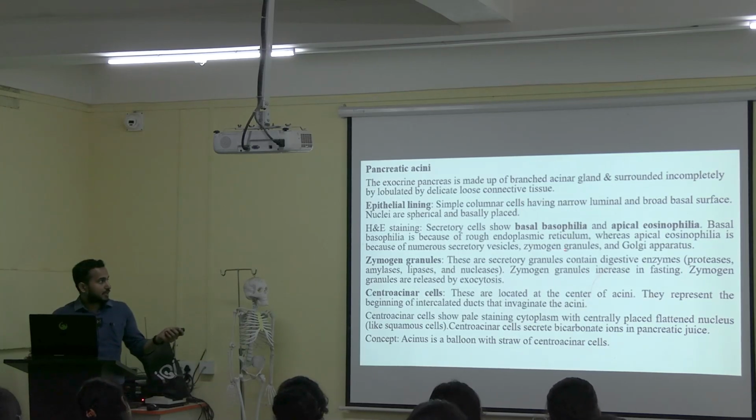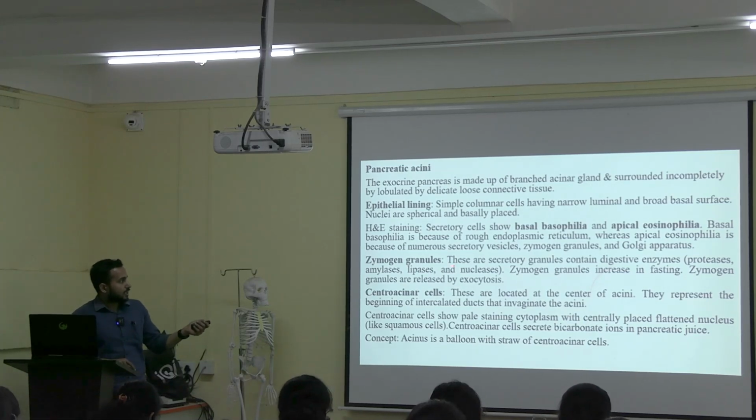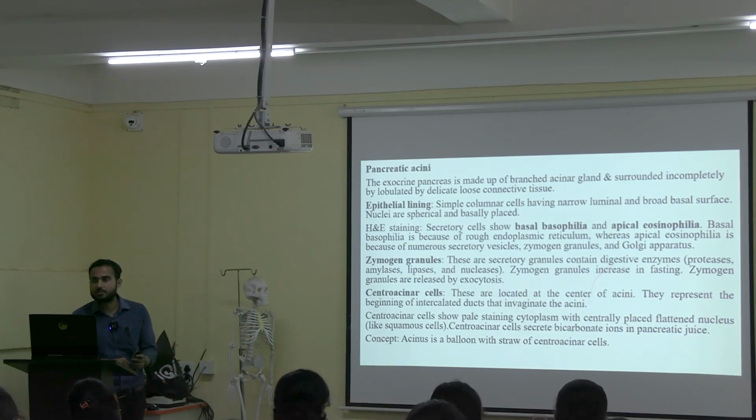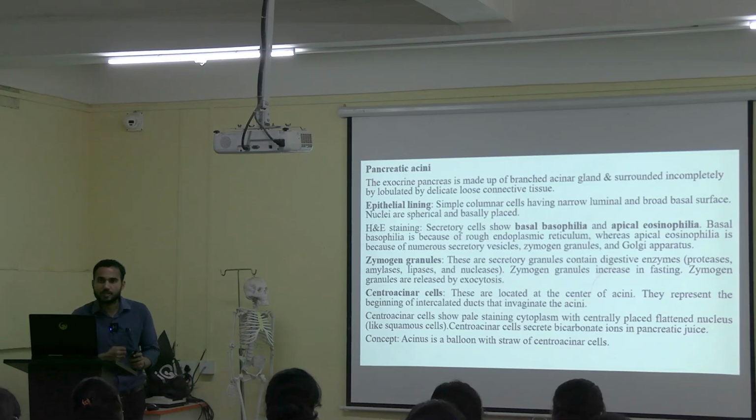The secretion of the enzymes takes place from these zymogen granules. These are secretory granules containing digestive enzymes: protease, amylase, lipase, nuclease. These are the different enzymes secreted by the zymogen granules, and they are very important because only these enzymes complete the digestion.